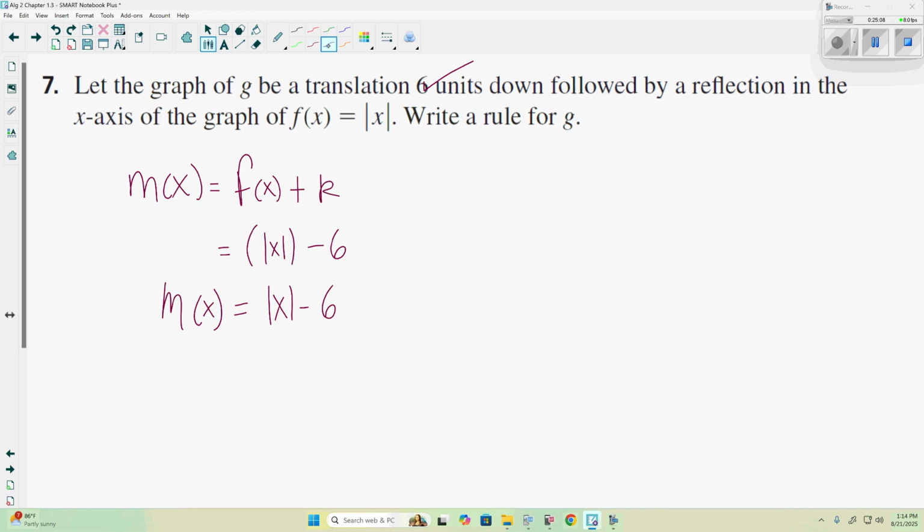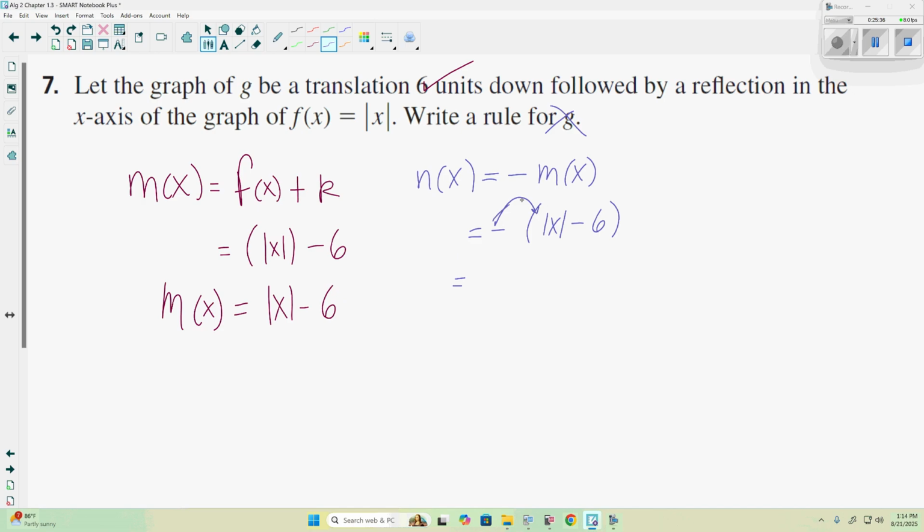Second one, reflection in the x-axis. So I'm going to call it n of x. I don't care what it said. It is going to be negative m of x, because reflection in the x-axis is negative f of x. So in this case, negative m of x, which for us here would be negative absolute value of x minus 6.